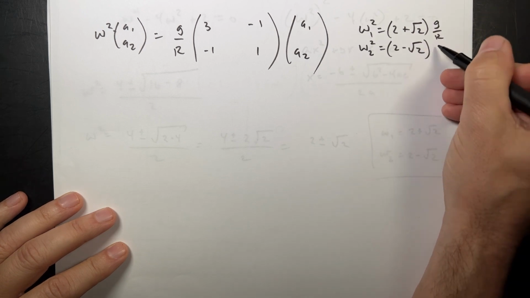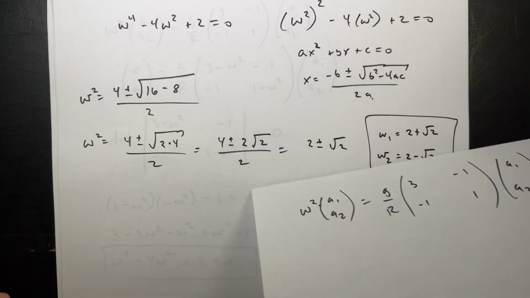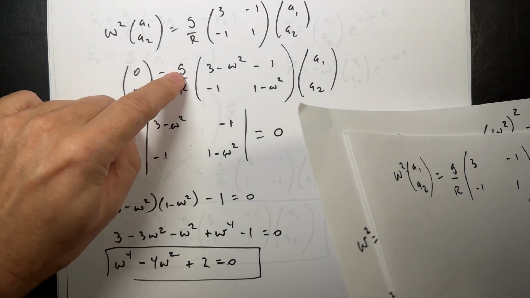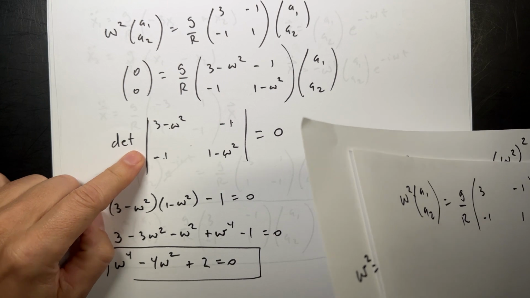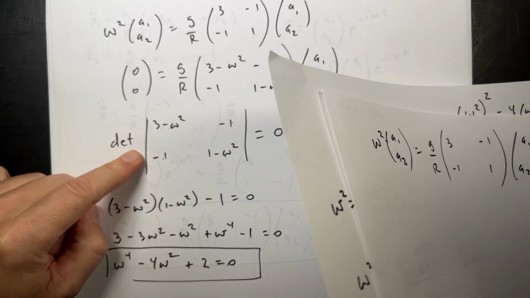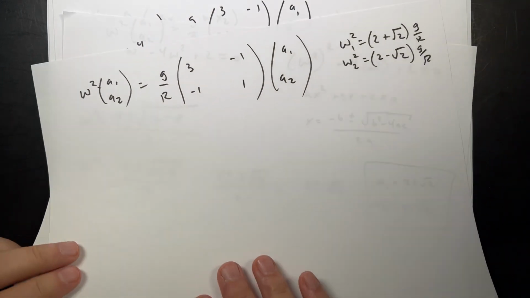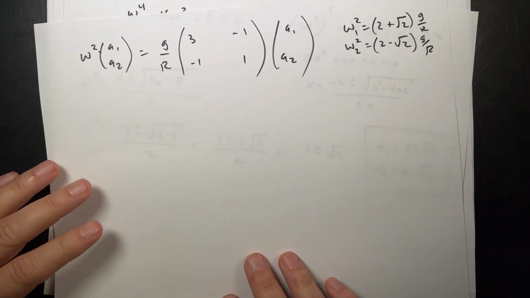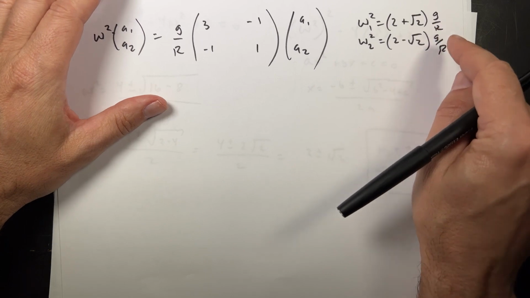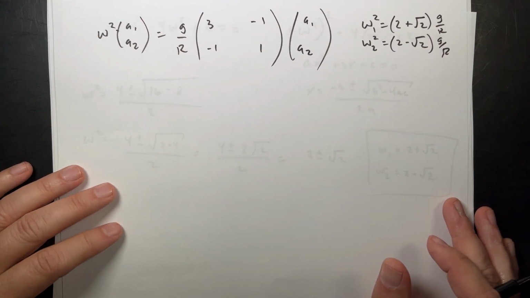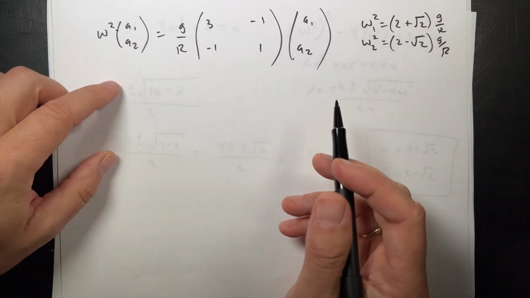G over R. Why did I not do that back here? Let's go back. See, I had that G over R there. So when I take the determinant of that, that G over R should be in these terms too. So there's a G over R that I dropped out, which is good, right? Because G over R is what gives units for frequency. So sorry for that, but I think we're cool.